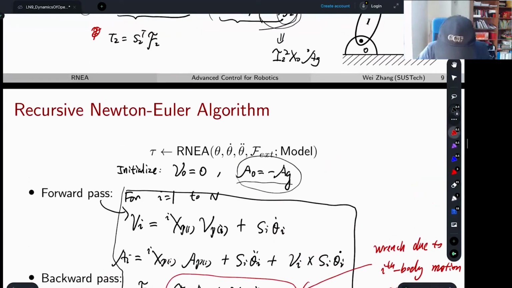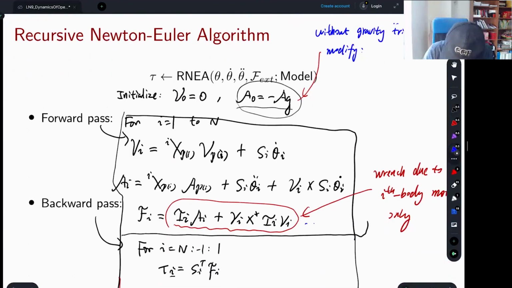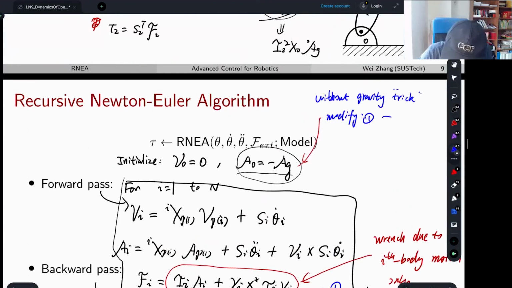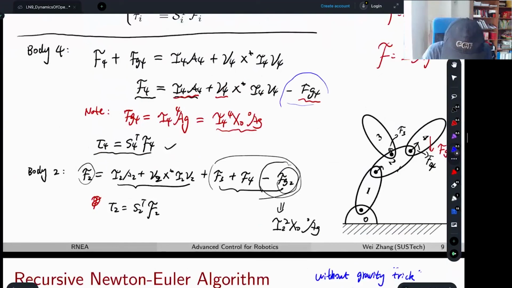Let me know if you feel confused. Without this gravity trick, let's call it the trick, we should modify this, let's call it 1. We should modify 1 to, I'm not sure whether you can see that, F_i equal to I_i A_i plus V_i cross I_i V_i, then minus, you just need to consider this term explicitly now, and not this term.